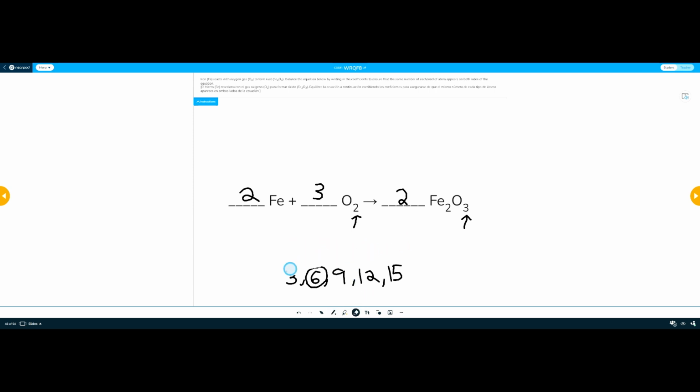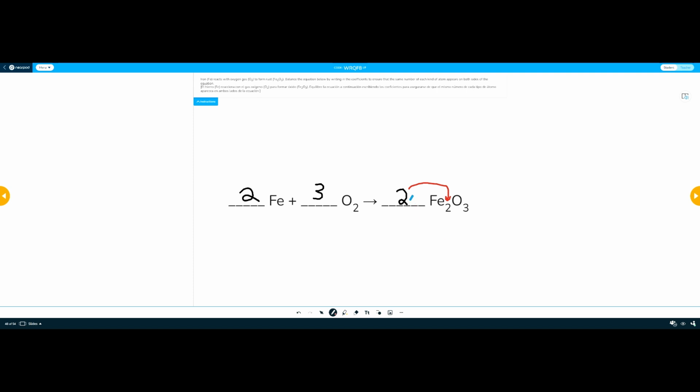Unfortunately, we now have a problem. Our problem is this coefficient of 2 on the right-hand side also applies to our subscript for our iron, not just our oxygen.